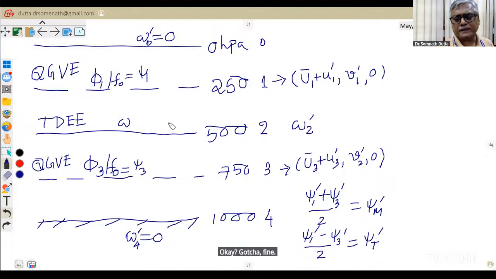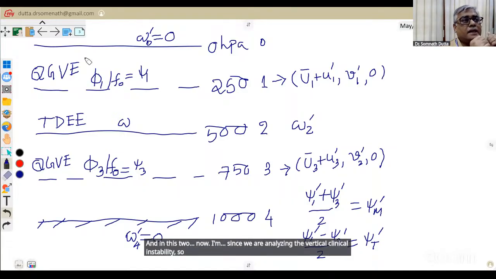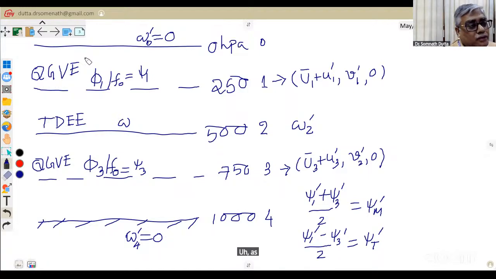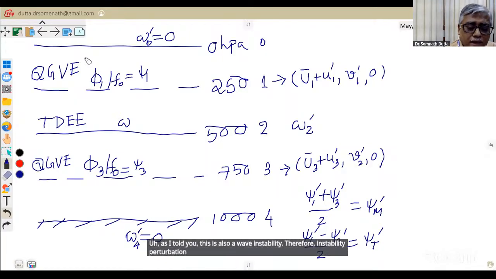We got two equations, and since we are analyzing the baroclinic instability, as I told you, this is also a wave instability. Therefore, the instability perturbation is thought to be in the form of a wave.